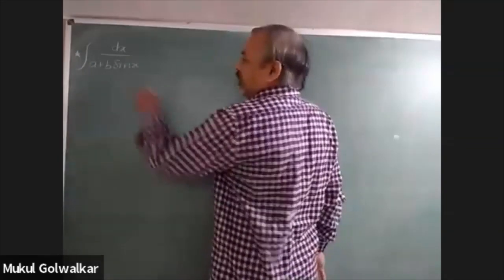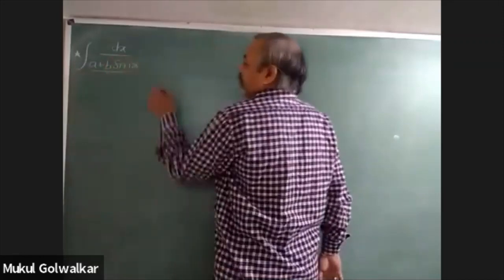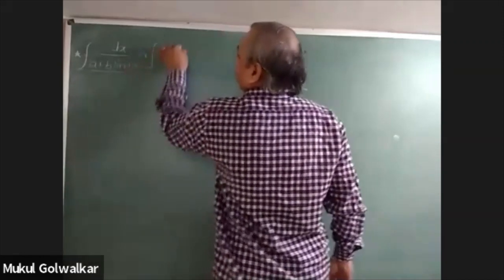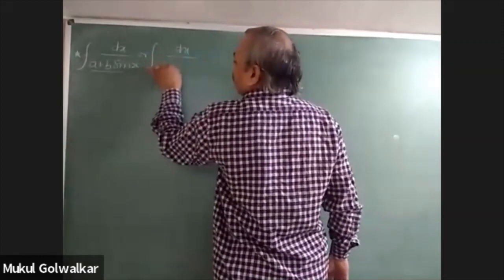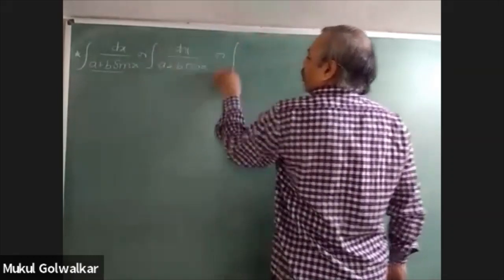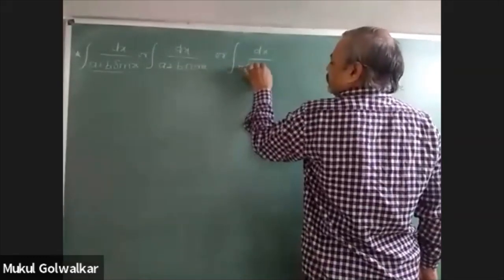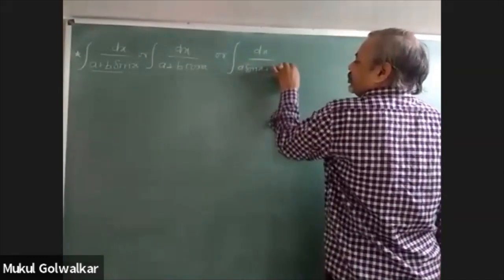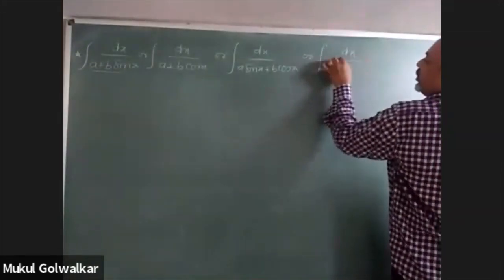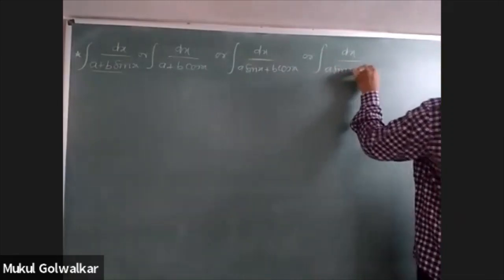Yes. Okay. So yesterday we have seen a plus b sin x and similar type of question. Let me write the complete variety once again so that it will be a remembrance for you. dx upon a sin x plus b cos x, or else we are going to integrate the type dx upon a sin x plus b cos x plus c.